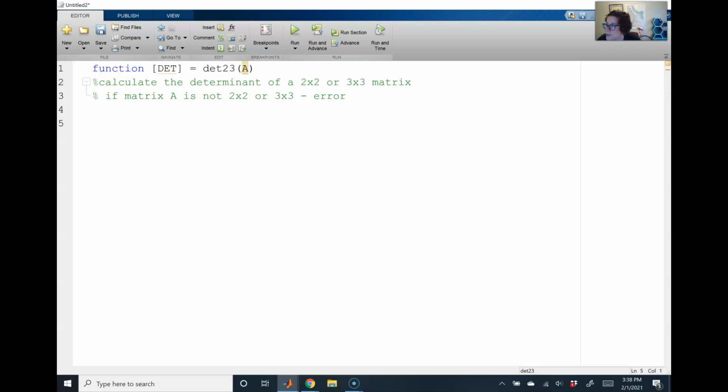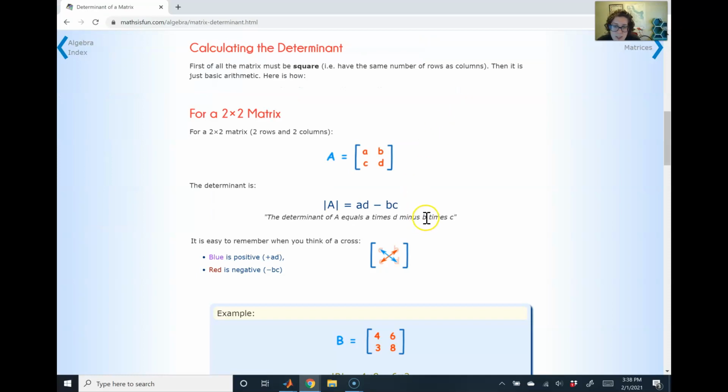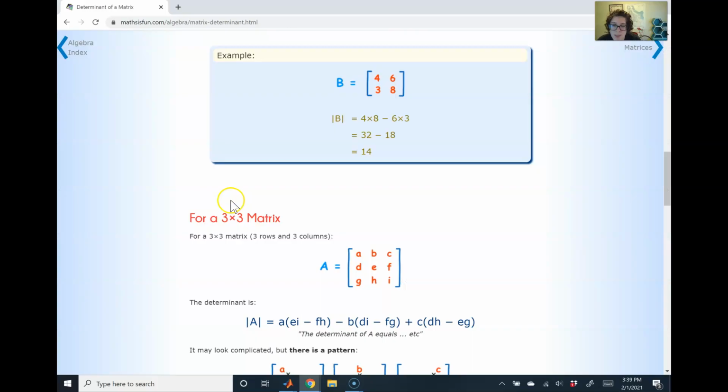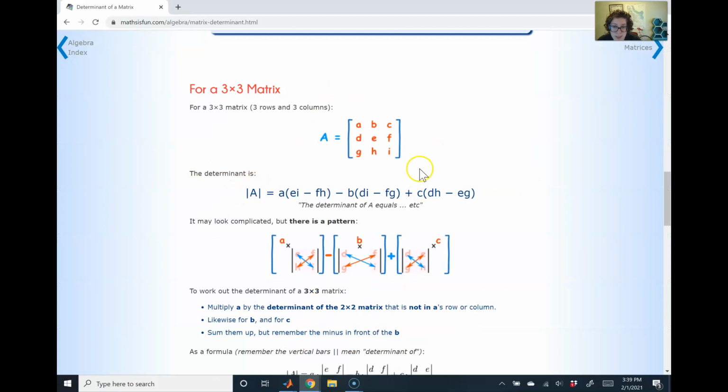Okay, so looking at this page here or looking back to the previous module, the determinant for a 2 by 2 matrix is going to be this number times this number minus this number times this number. So we already have a function that does that, and we're going to use what's in that function to help us out. A 3 by 3 matrix is a little bit more complicated.